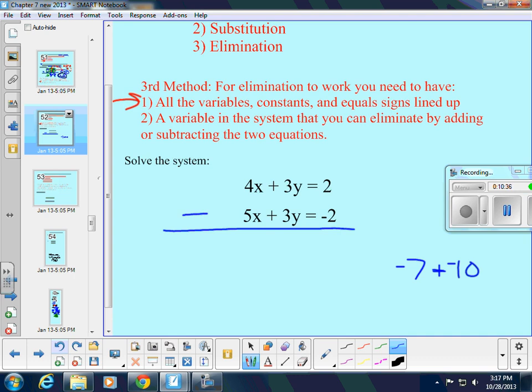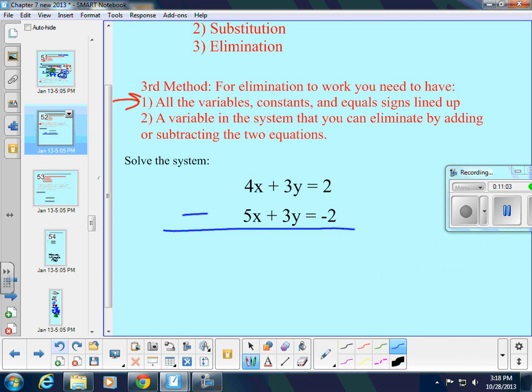I call it chop dash, because I chop that subtraction sign to make it addition, and then dash to make the 10 negative. So that's why I call it chop dash when I refer to it in class.